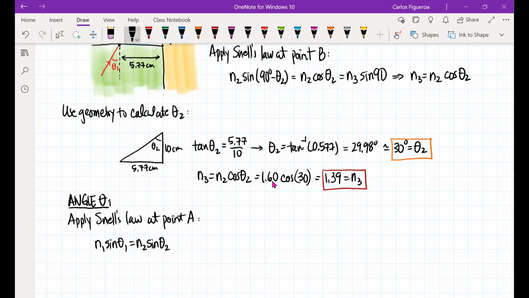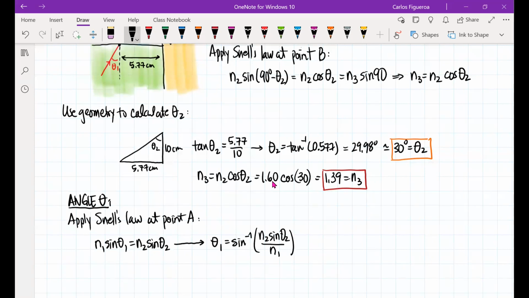But theta 2 is 30 degrees, which then gives me what? So then I'm going to solve for theta 1. So theta 1 here is going to be the sine inverse of N2 sine of theta 2 divided by N1.